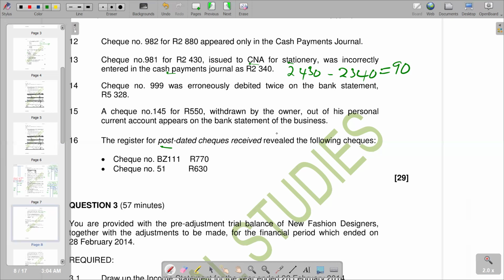We record a check as soon as it is issued in the books. What is going to happen after that, even if it is lost on the way, it will be there in the books. But if we haven't issued it, it means it's not appearing in our books. So we are not going to make any adjustments in terms of that type of check. So it means this is going to be our last item.